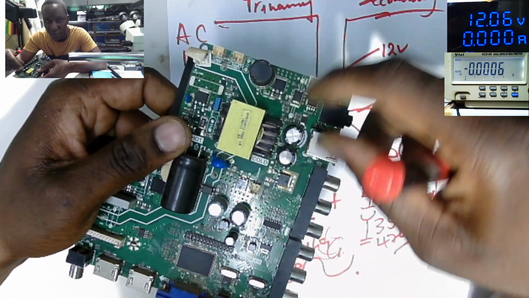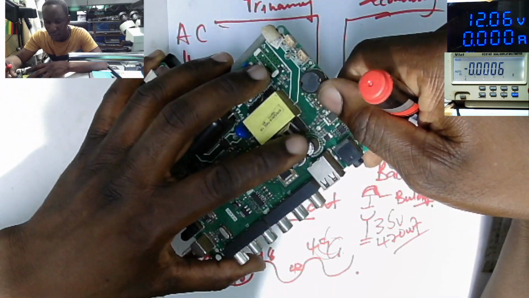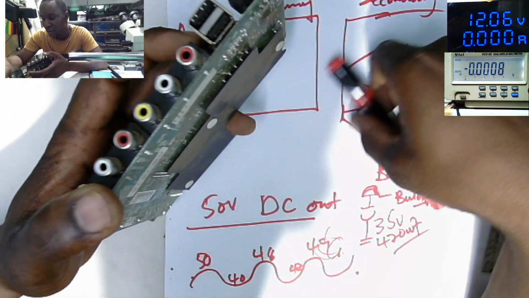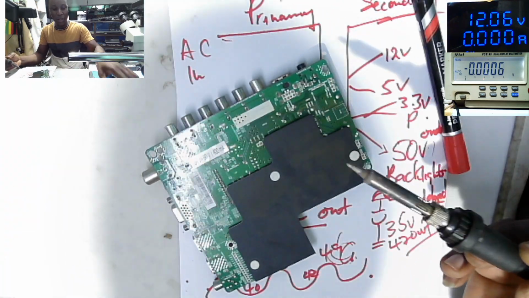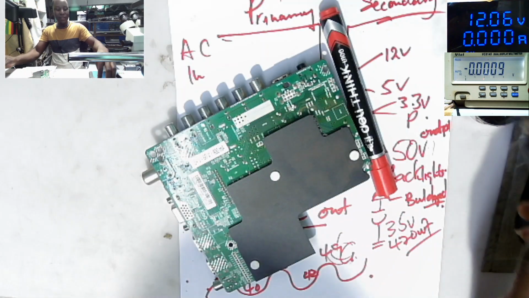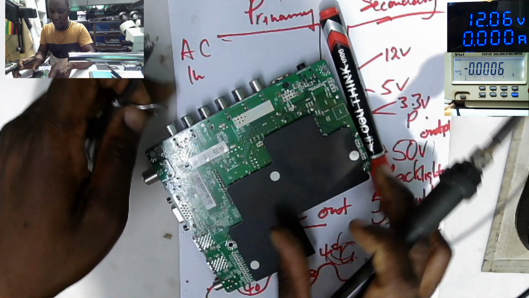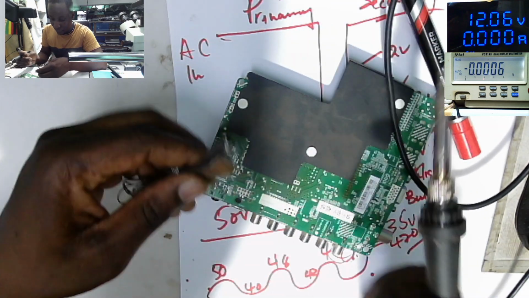Trust me, this week I fixed more than 10 TVs. Same fault. Just replacing the capacitor, the TV will work again. So let's replace that capacitor quickly. We don't want to waste time here. The fault is clear.